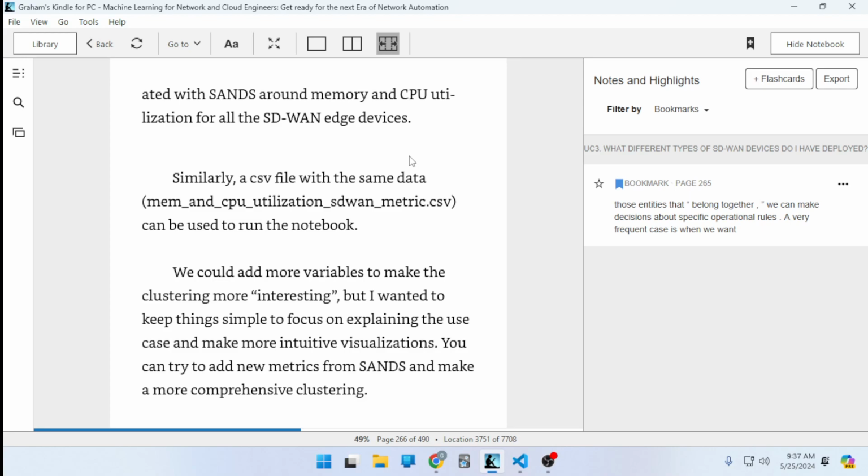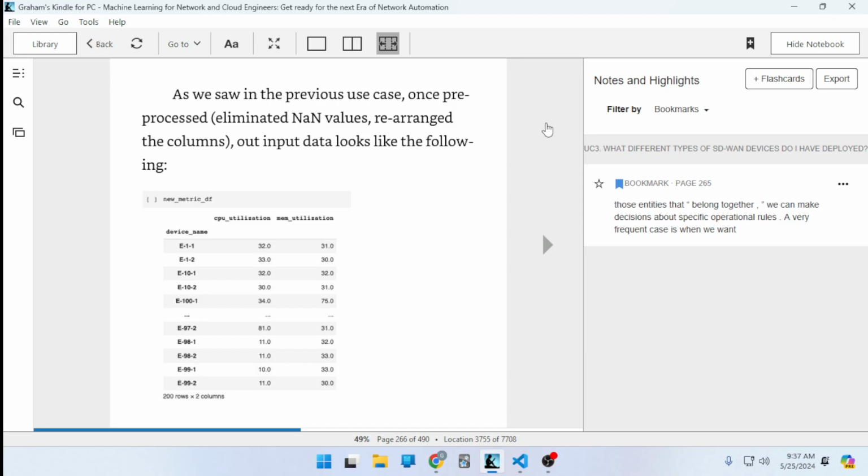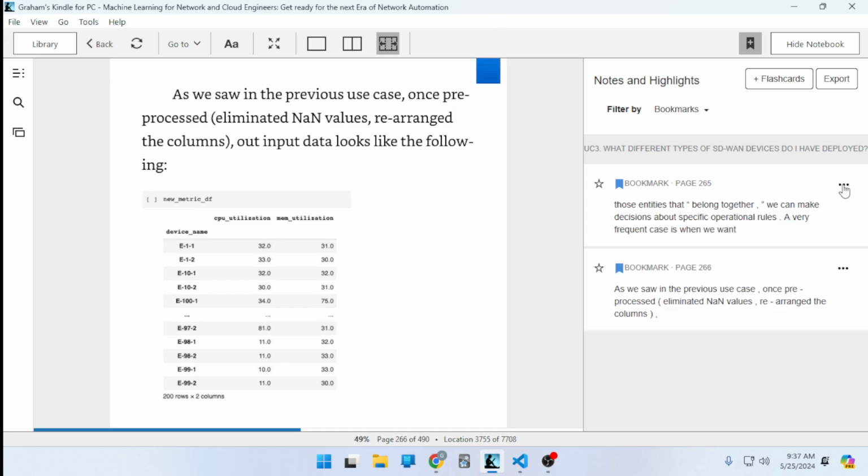We could add more variables to make the clustering more interesting, but I wanted to keep things simple to focus on explaining the use case and make more intuitive visualizations. You can try to add new metrics from SANS and make a more comprehensive clustering. As we saw in the previous use case, once processed, eliminated not a number values, rearranged the columns, our input data looks like the following. So let's open up the Jupyter Notebook.